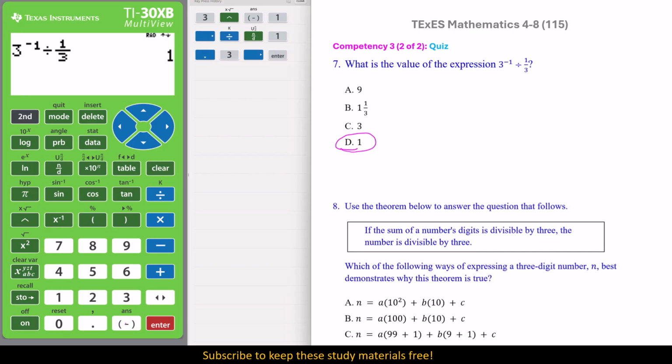And if you saw this real quick and you knew the rules of the different theories, the first one is 1 over 3, and then this would be times, because if you remember the rules, 3 to the negative 1 power comes down to the denominator.